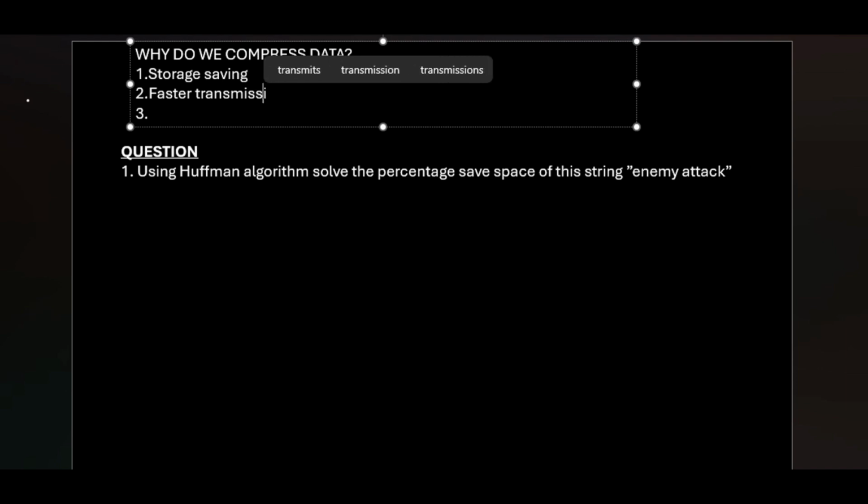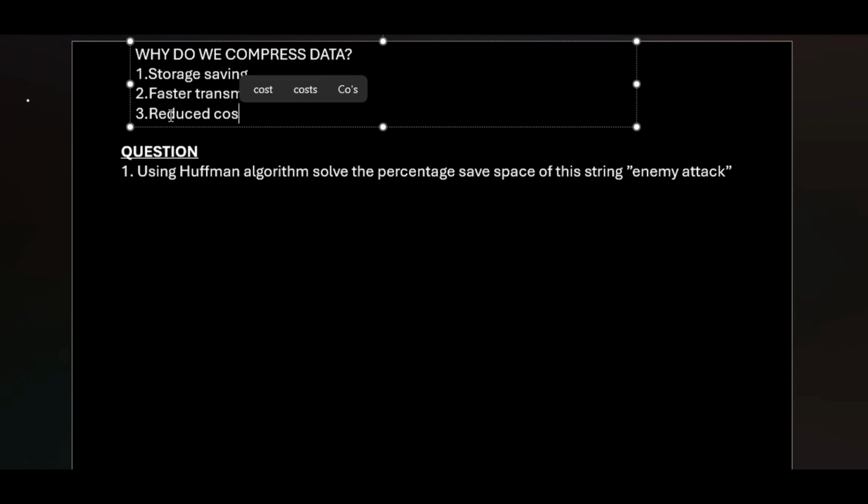Whenever the data is smaller, it is transmitted faster. And then we have reduced cost. If it is smaller, then it uses smaller resources to transmit it, therefore the cost is reduced. These are some of the reasons why we need to compress data.